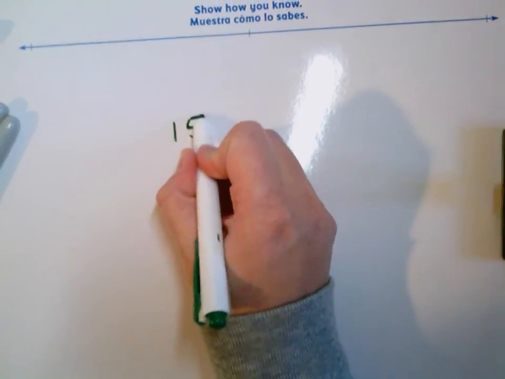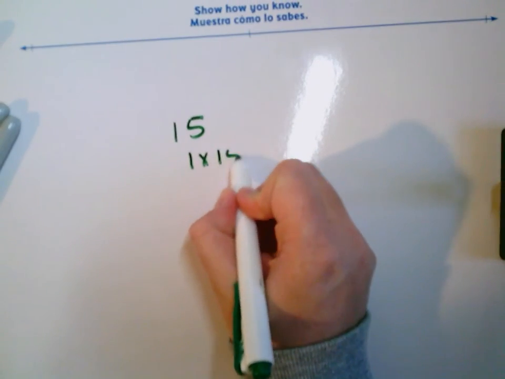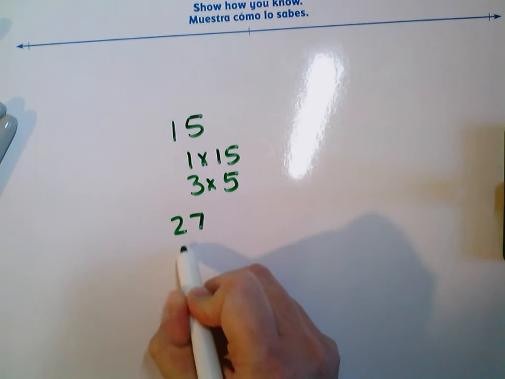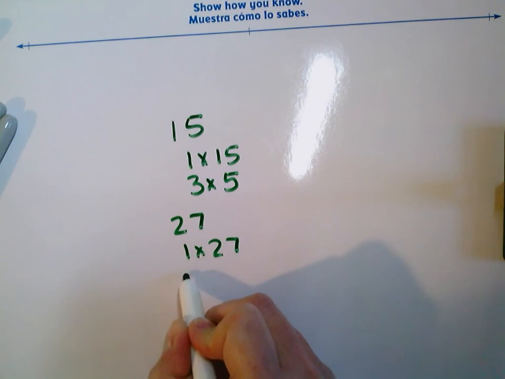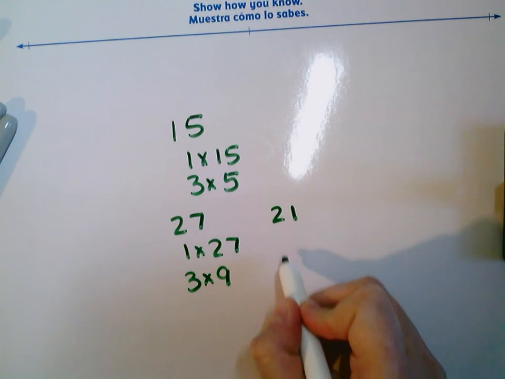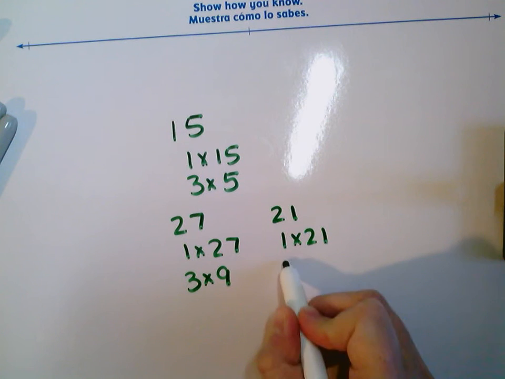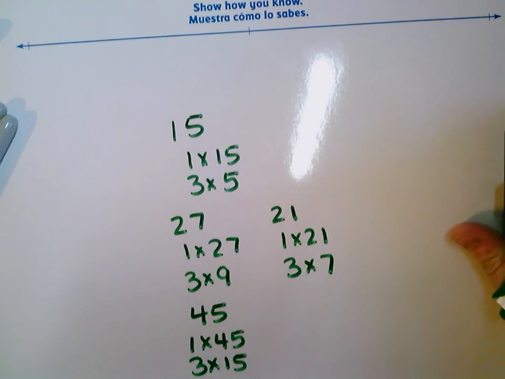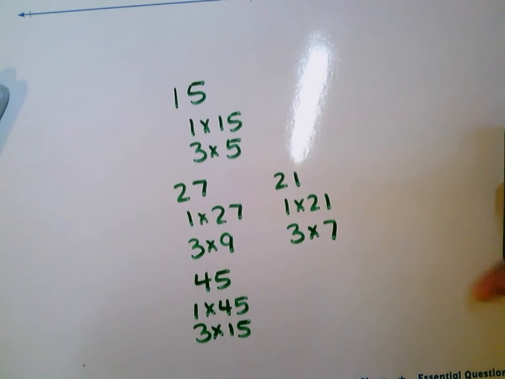15 is 1 times 15 and 3 times 5. 27, it's odd. 1 times 27, 3 times 9. 21, odd number, but 1 times 21 and 3 times 7. 45, 1 times 45, 3 times 15, and I'm running out of space, and 5 times 9.